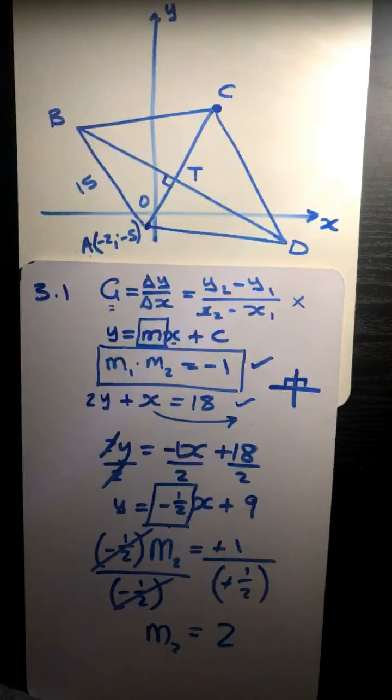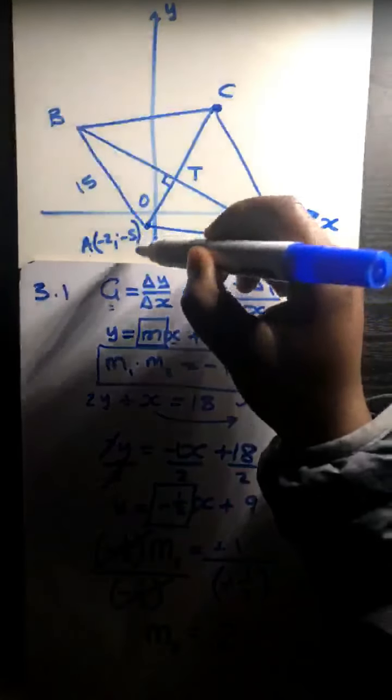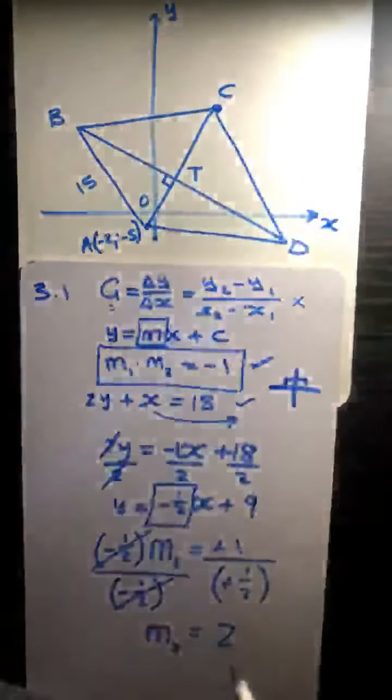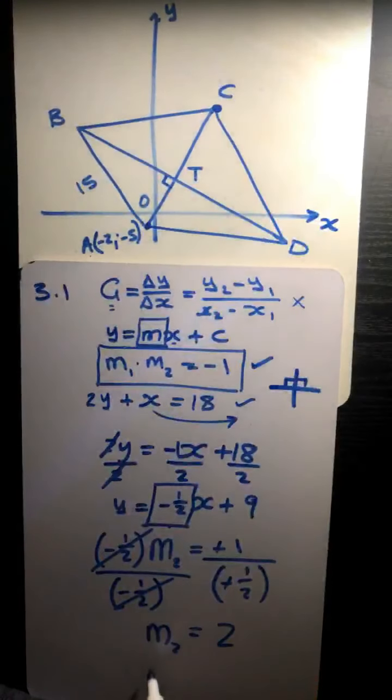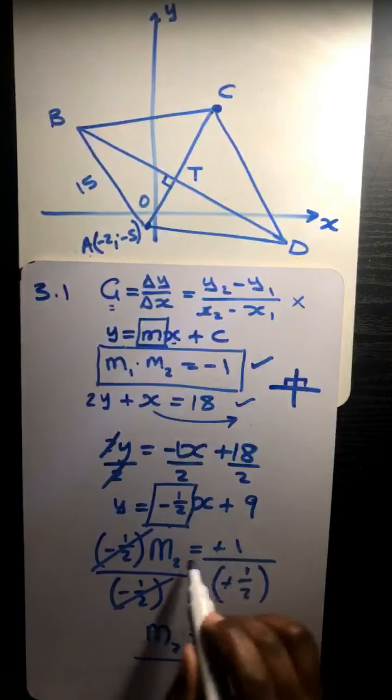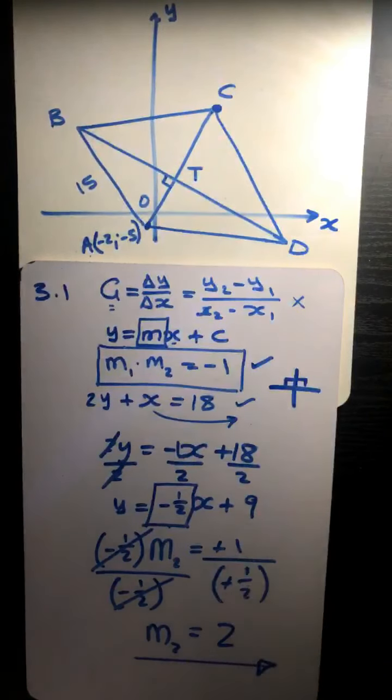One thing for sure, it has to be a positive value, because the gradient of that line is a positive gradient. So already I know it's a positive value. I'm just thinking that it is 2. Is there someone to confirm if it's 2? So you punch 1 over... 100%. So that means I'm correct on that one.